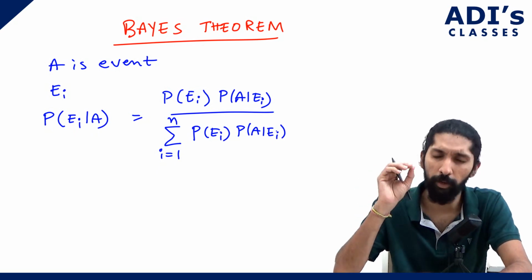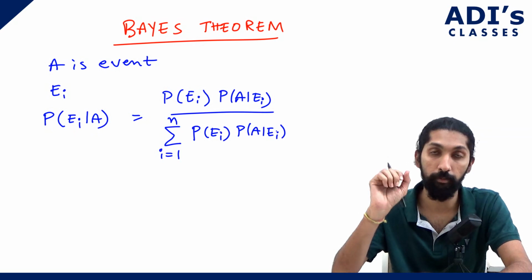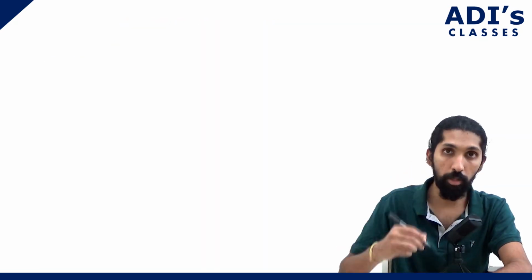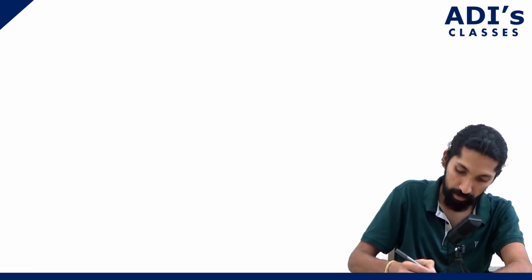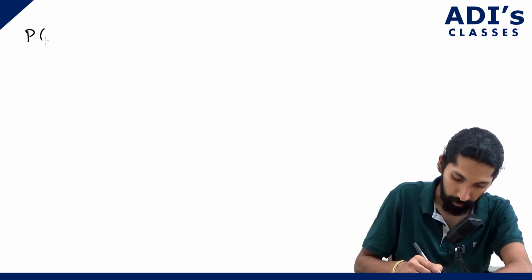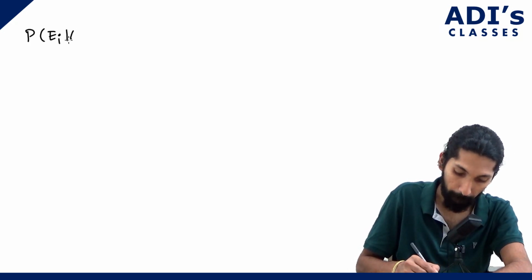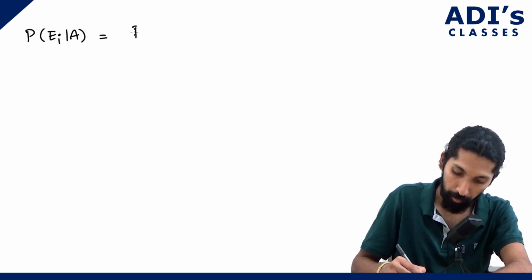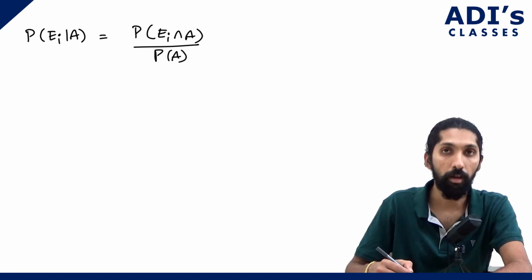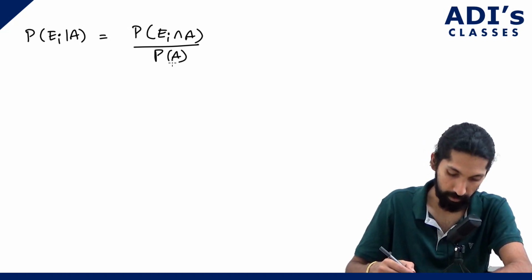Okay, let's do the proof. Very, very simple proof, actually speaking. Now, by conditional probability, we can say that P of Ei given A is equal to P of Ei intersection A divided by P of A, correct? Conditional probability formula. Fantastic.